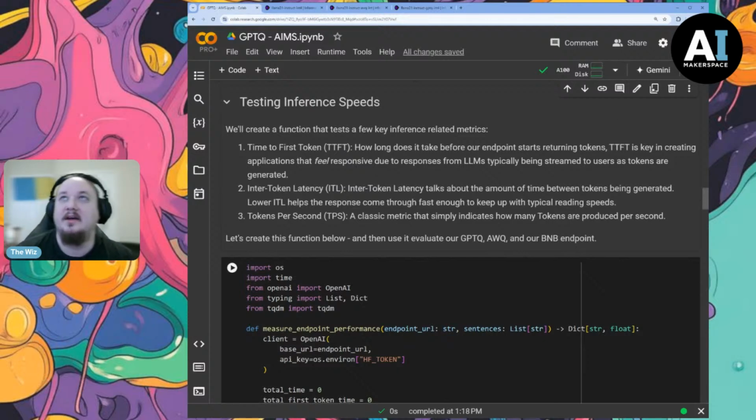That's how long between each token as we generate it, and then tokens per second, which is a more understandable metric. The reason why we separate out TTFT and ITL is that the way these endpoints optimize inference, there might be a little pre-fill stage, or there might be some additional latency to get to our first token, but then every token past that is going to be quite a bit quicker.